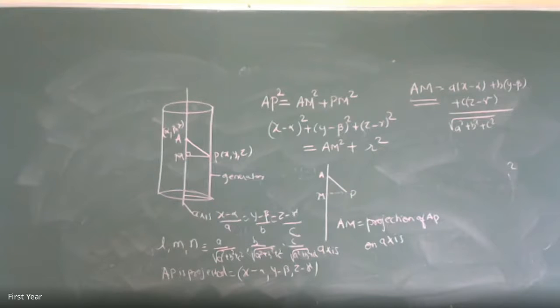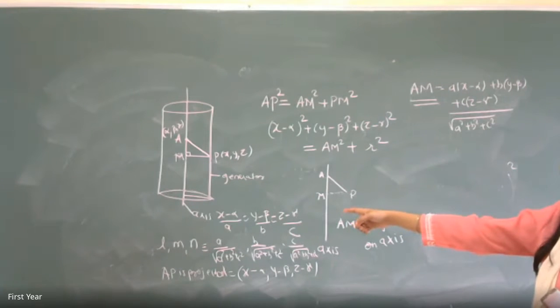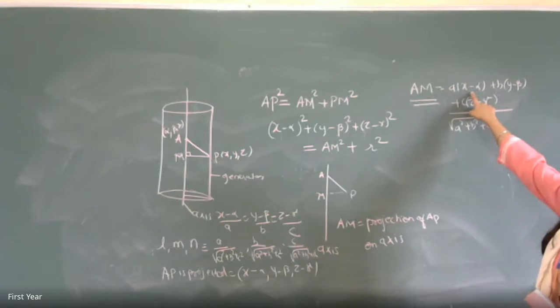You are trying to write the value of the direction cosines in terms of x, y, z. Then your equation, which needs to be a degree 2 equation, will become a degree 4 equation. We are using the same data again and again, which are the direction ratios of AP, and again you are going to articulate it.